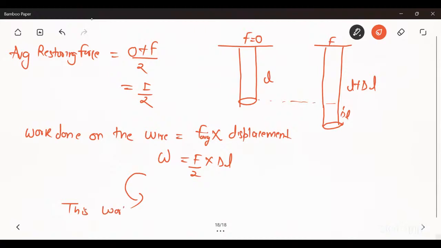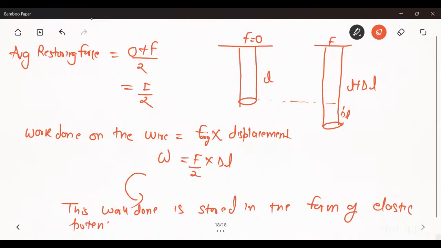This work done is stored in the form of elastic potential energy.